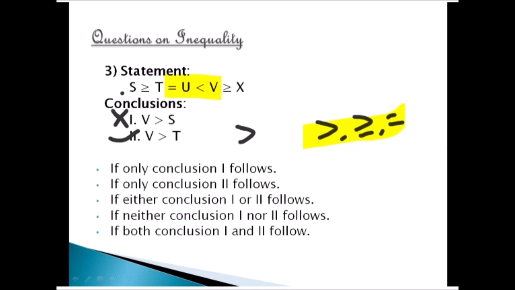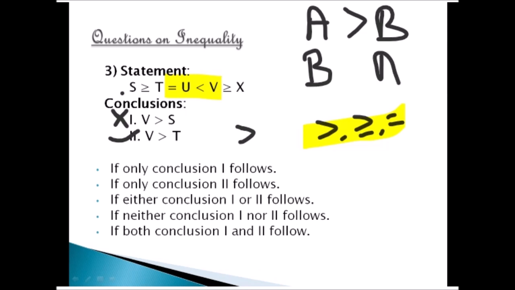But some students may have a doubt: the sign is reversed, then how is it true? So the concept says, if I write A is greater than B, and if I reverse the position of the values, then I cannot draw the same symbol.